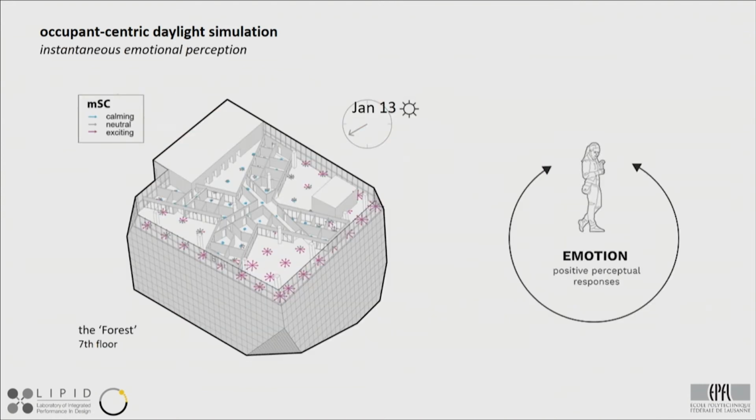So if we look at emotion over time for January 13, of course, the emotion potential or the calming versus exciting balance will change a lot, or change a bit, but we can see that definitely the workspaces are generally calming, fortunately probably, and the rest is very exciting in January.